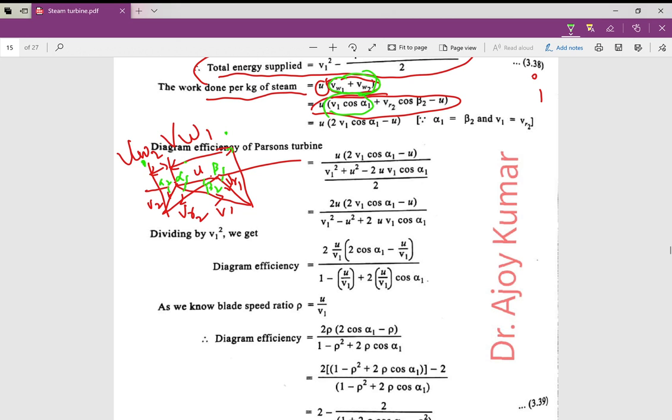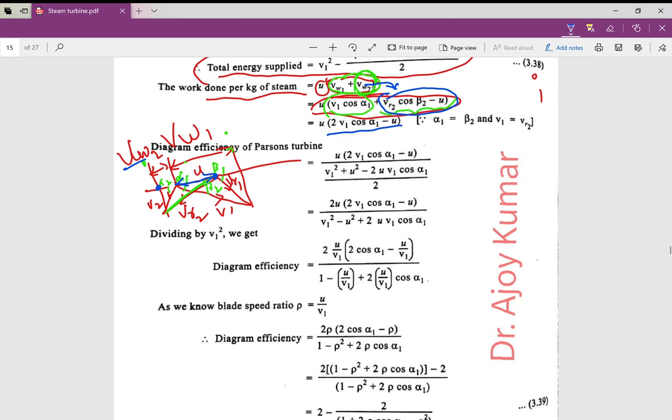For this Vw2, we can write Vr2 cos beta 2 minus U, that is Vr2 cos beta 2 from here to here, and then minus U, this part minus U. So Vr2 cos beta 2 minus U is your Vw2. So it is written U into V1 cos alpha 1 minus U.